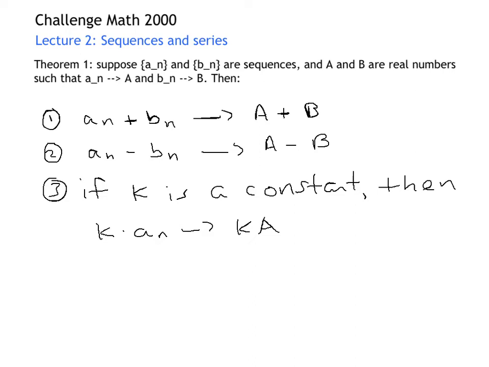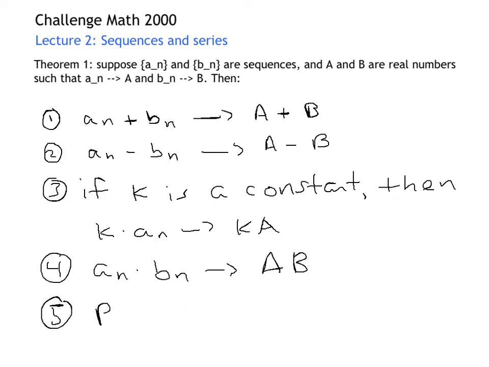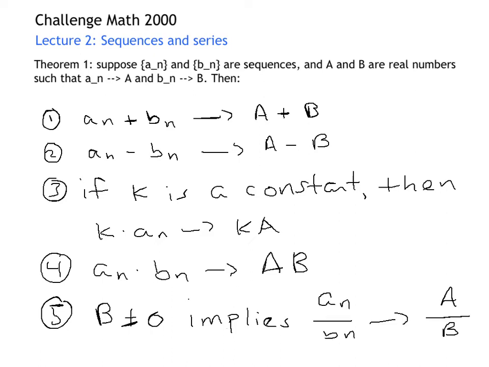First, if you multiply a_n and b_n together, then that sequence is going to converge to a times b. Finally, as long as we have that b is not 0, you can say that a_n divided by b_n converges to a over b.